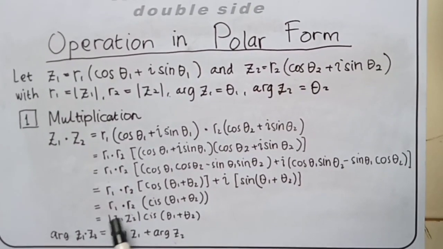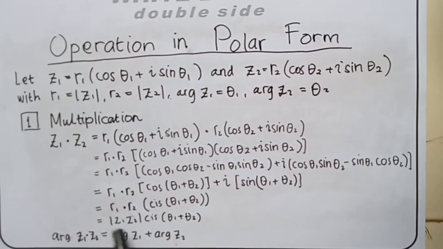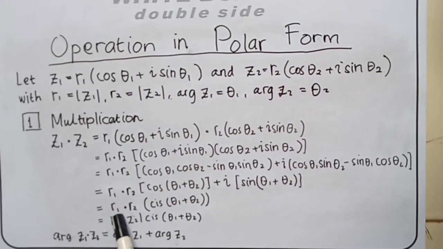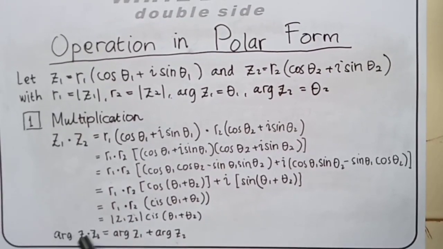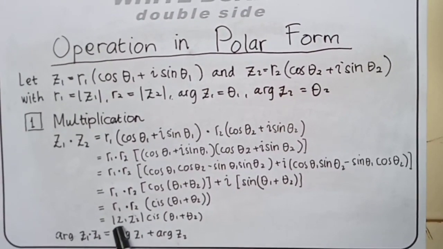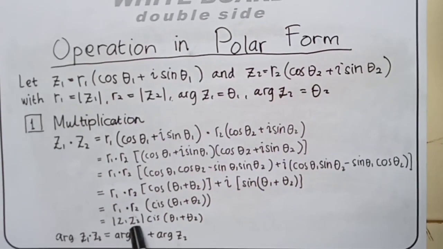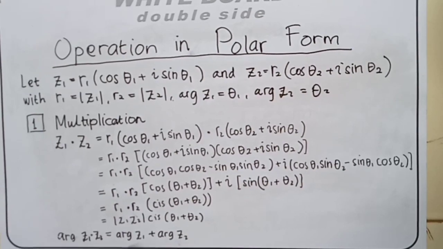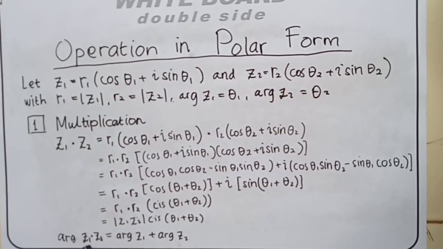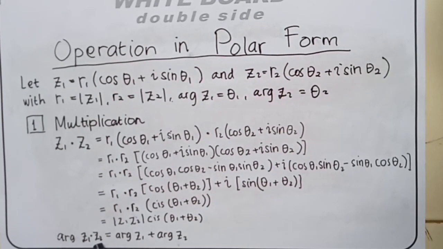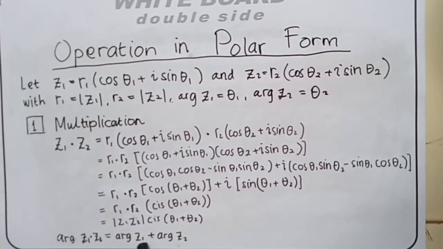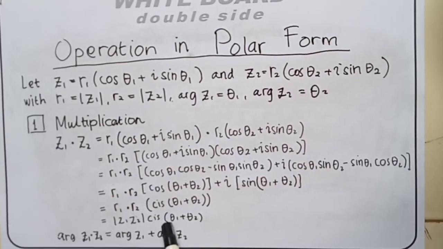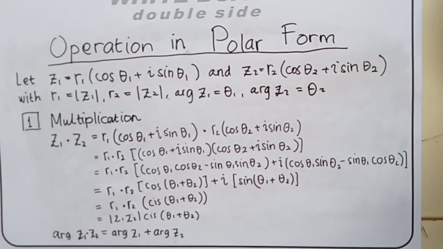Remember that R is the absolute value of Z1 and Z2. So R1 times R2 equals the absolute value of Z1 times Z2, with angle theta 1 plus theta 2. So arg(Z1 times Z2) equals arg Z1 plus arg Z2.